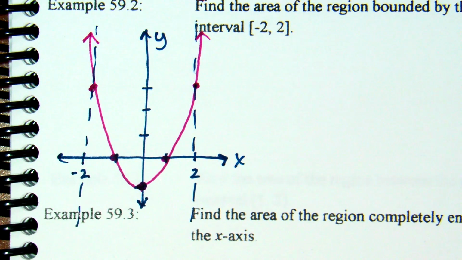Okay, what does that look like? Where is the area of the region bounded by that parabola and the x-axis? So where it has the x-axis on one side, the parabola on the other side. What sections do we have to consider here?